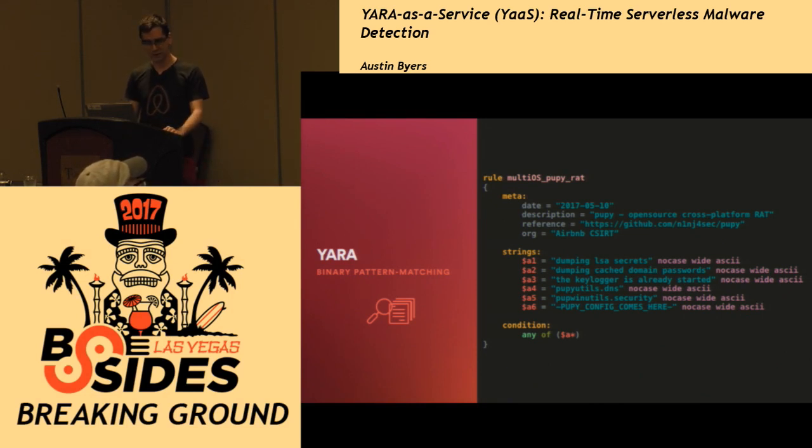A rule has first metadata, arbitrary key value pairs you can describe in the rule. Again, more talks tomorrow will go into detail about how to write good YARA rules. Then there's a set of strings, which can be textual or hex, and they allow regular expressions. This is where the pattern matching magic happens, where you can say, match an arbitrary pattern.